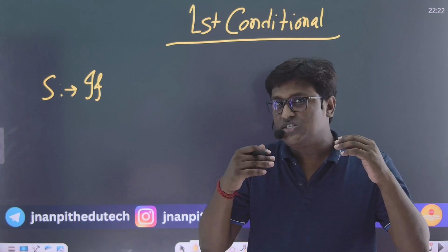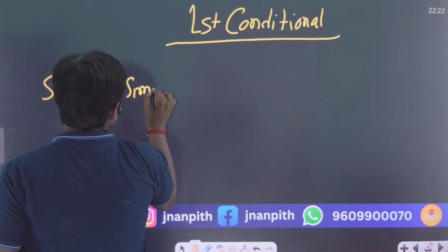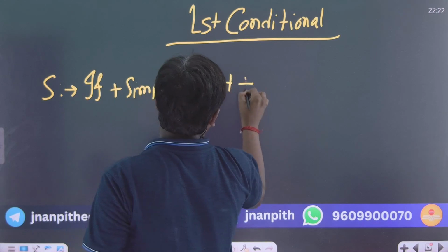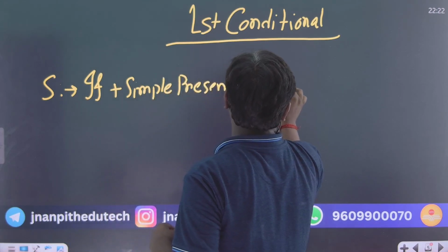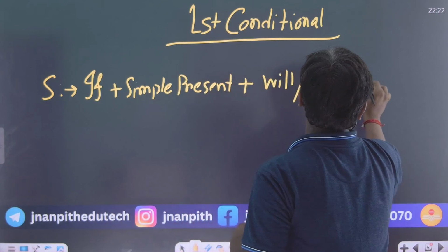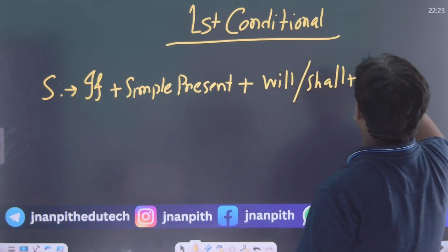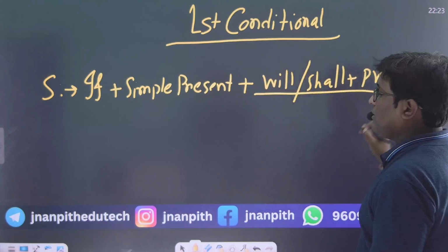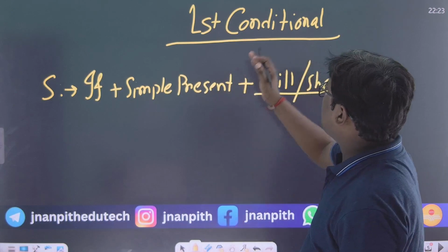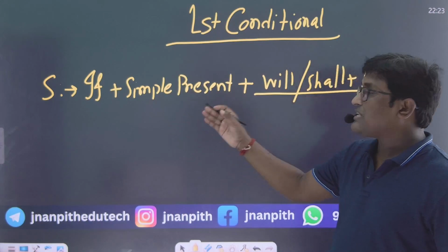So if is common. If plus simple present plus will or shall plus principal verb PV1, or you may call this future tense. That will be correct too. So the first conditional structure goes like this: if plus simple present plus future.